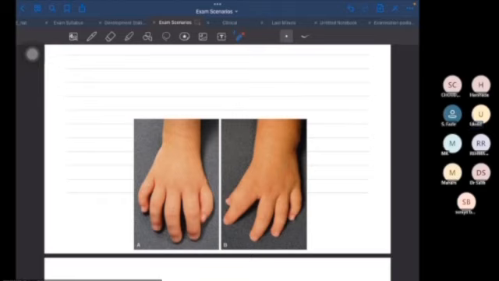So this is most likely due to pulmonary stenosis, valvular pulmonary stenosis, most likely due to maybe Noonan syndrome or something.